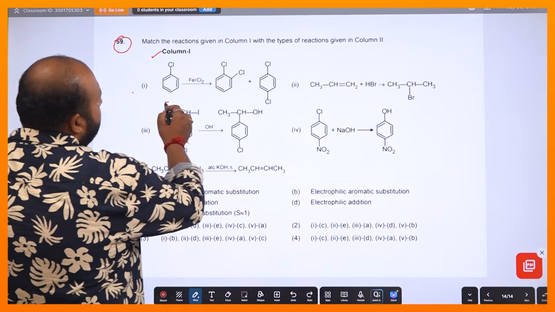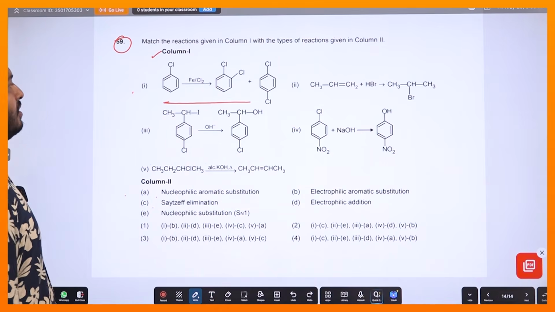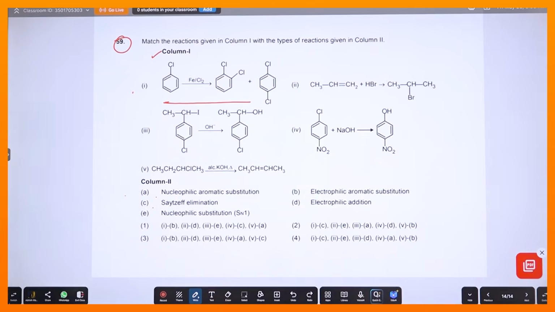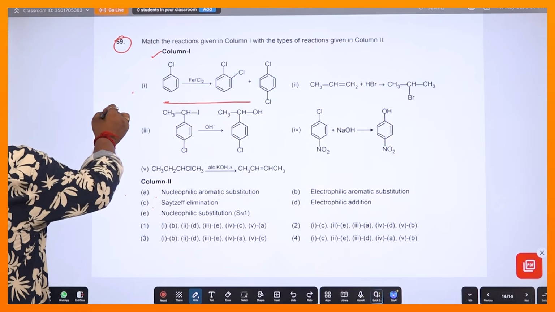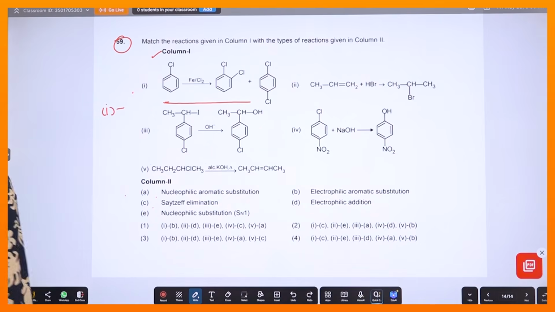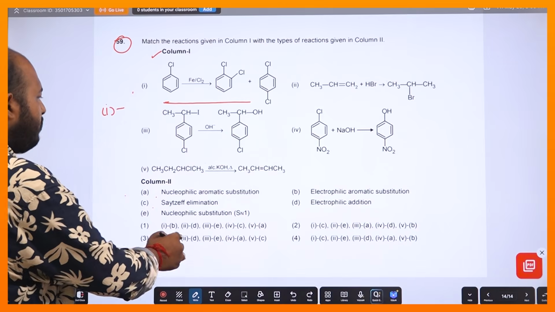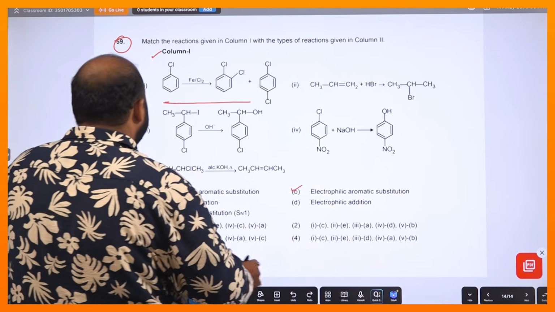The first reaction is simply an electrophilic aromatic substitution, so 1 will be for B.